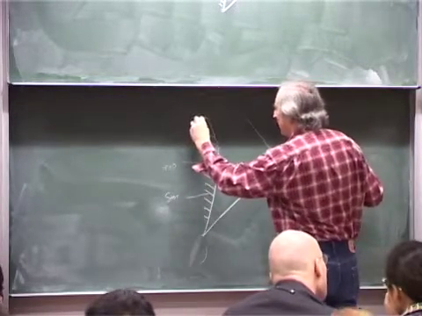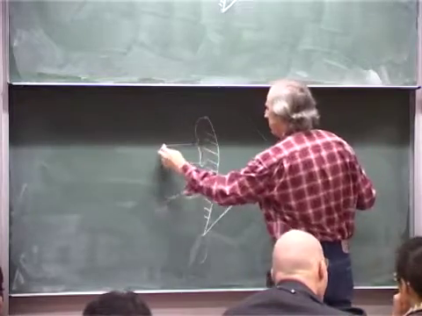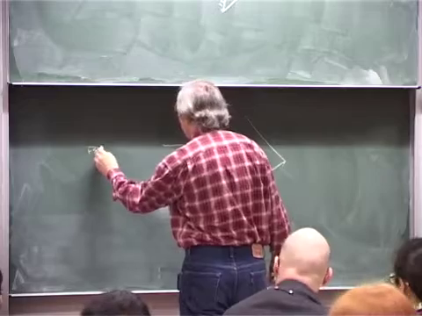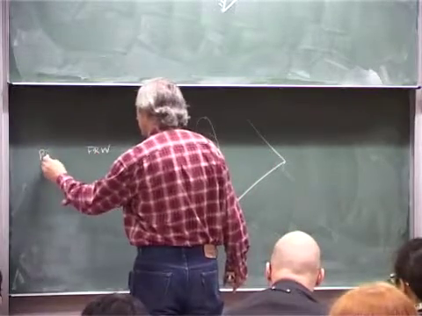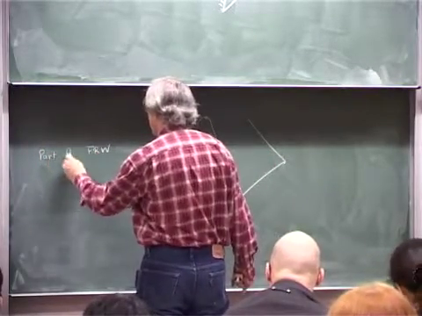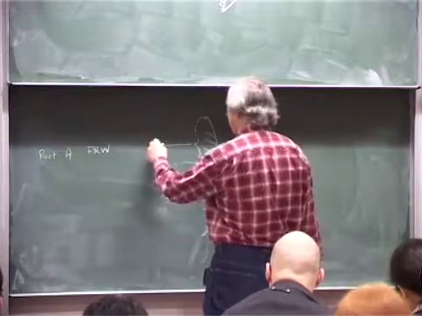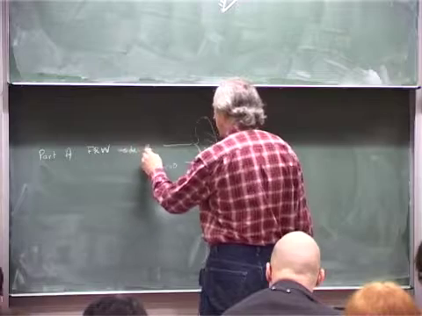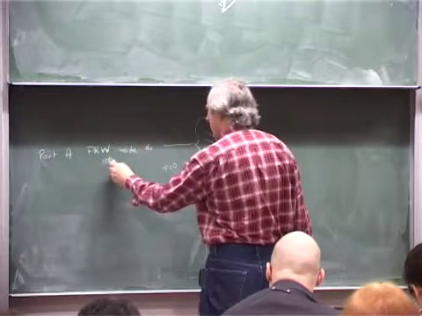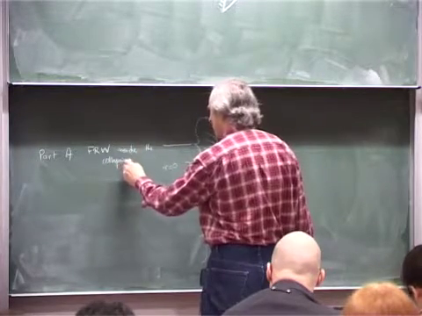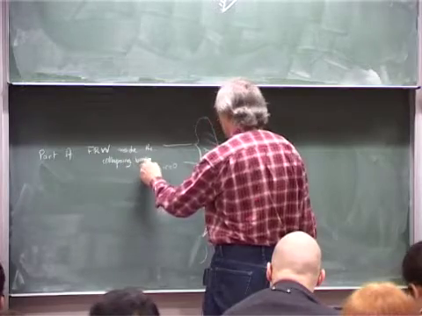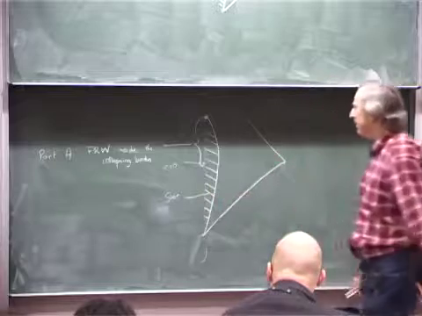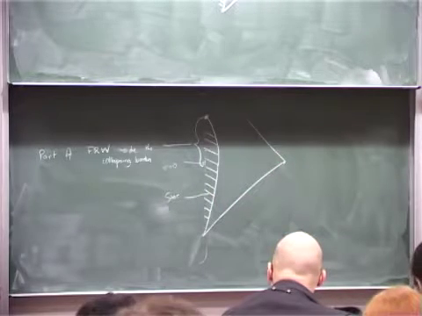So in this region where collapse has started, the space-time will be exactly part of Friedmann-Robertson-Walker. And you will end up at the singularity there.